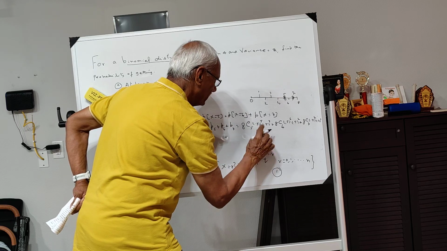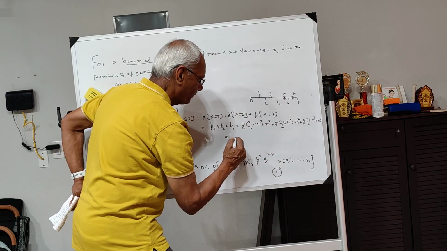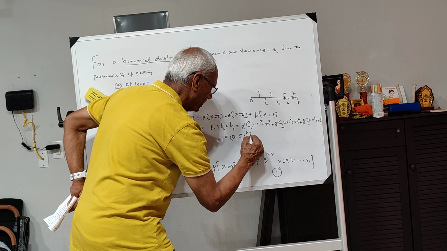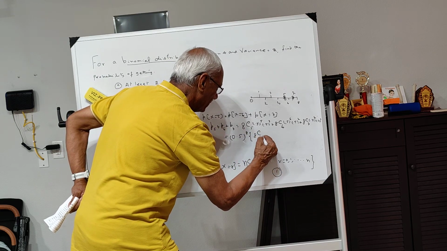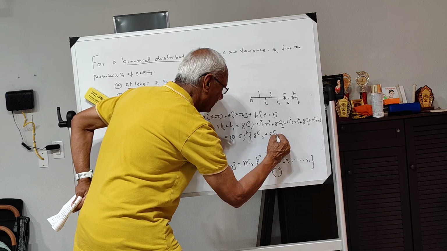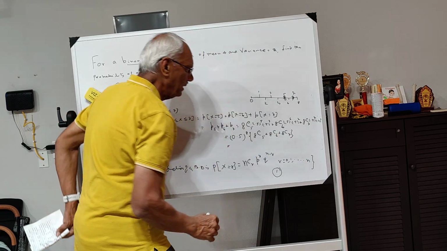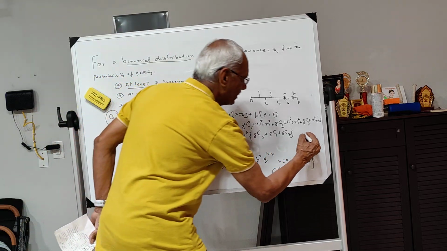So this will be 0.5 to the power of 8, therefore I am taking it out, inside the bracket 8C5 plus 8C6 plus 8C7.